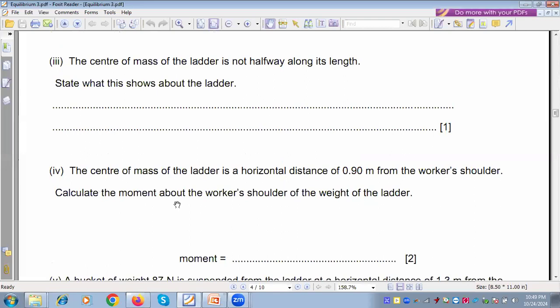The center of mass of the ladder is a horizontal distance of 0.9 meter from the worker's shoulder. Worker's shoulder is acting like a pivot. So calculate the moment about the worker's shoulder of the weight of the ladder.